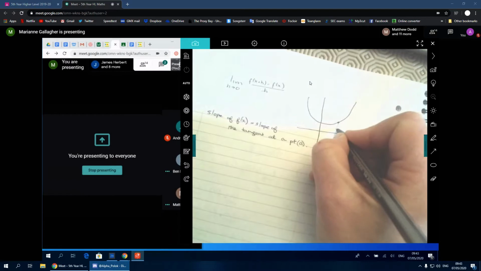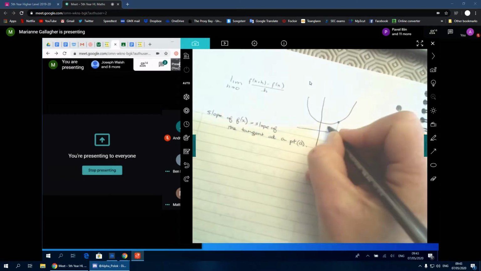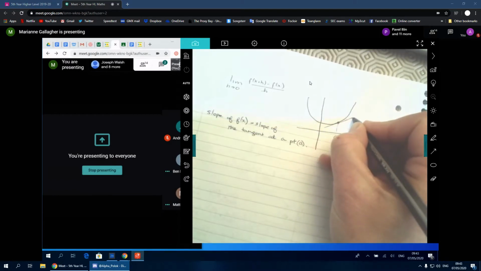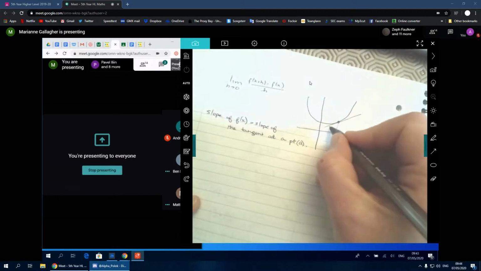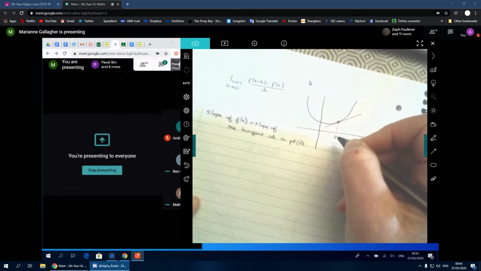So if x is equal to A, then I draw a tangent, which is a line that just touches the curve at one point. Everybody know what a tangent is? Yeah. Okay. And the slope of the curve is the slope of the tangent at that point.